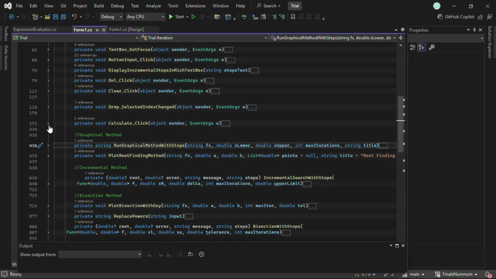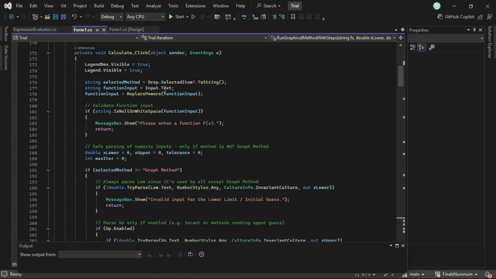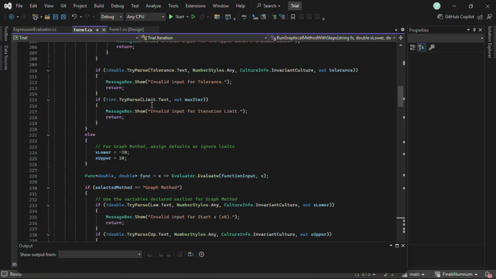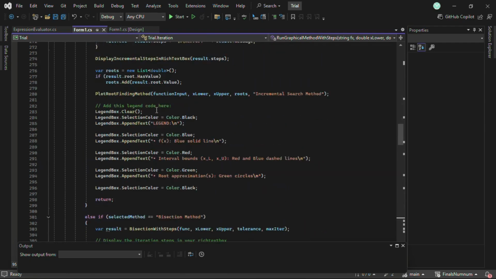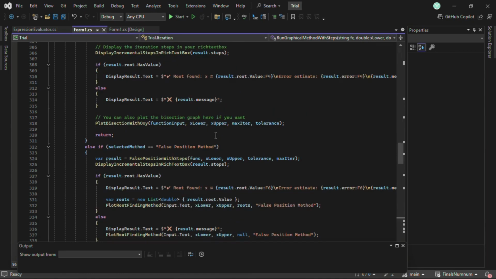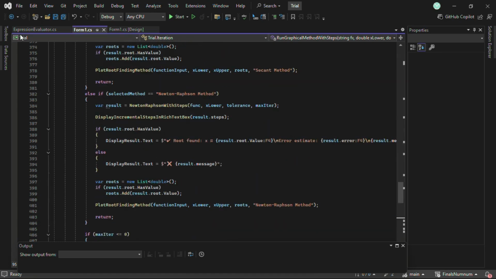So this is my code for the display when I enter calculate in each method: Bisection, false position, secant, Newton.